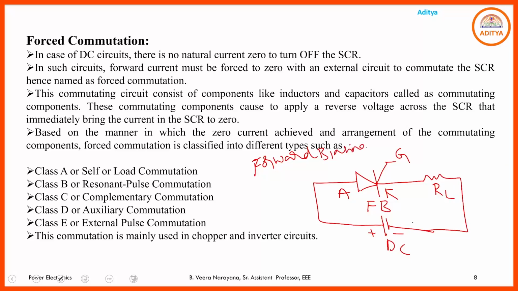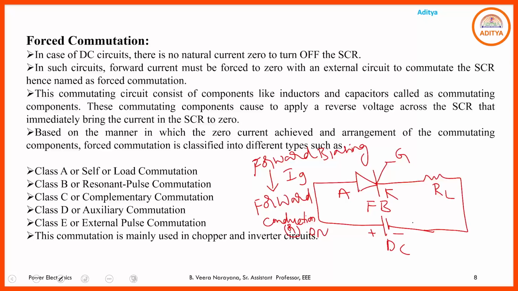If the SCR is in forward biasing mode or forward blocking mode and we provide the gate voltage across gate and cathode terminals, then the SCR comes to the forward conduction state or on state.